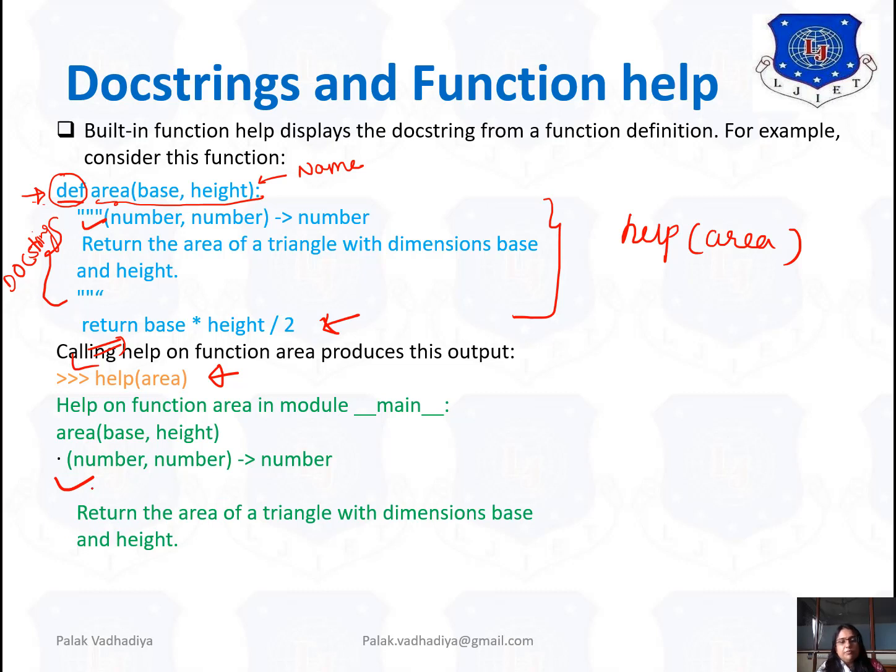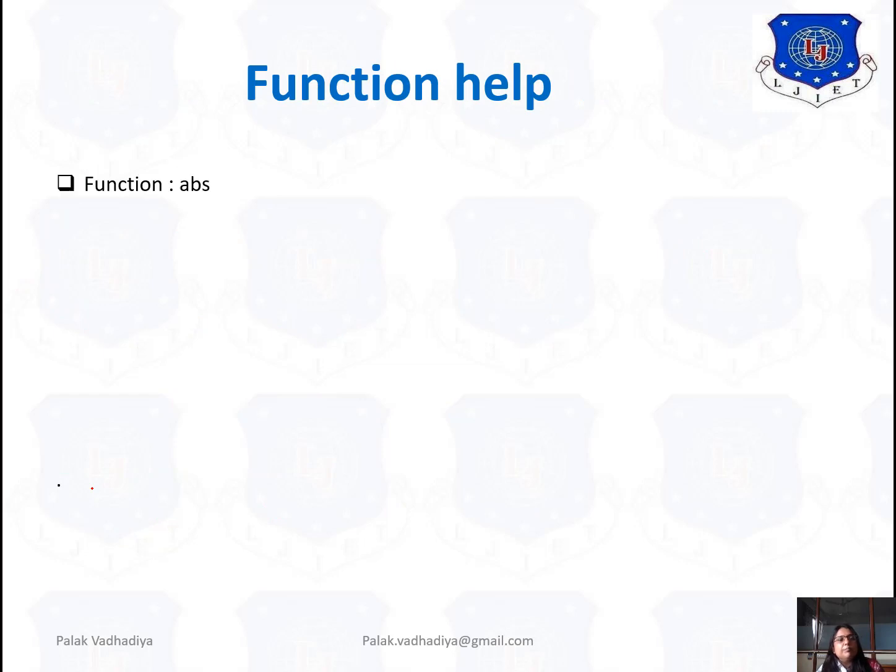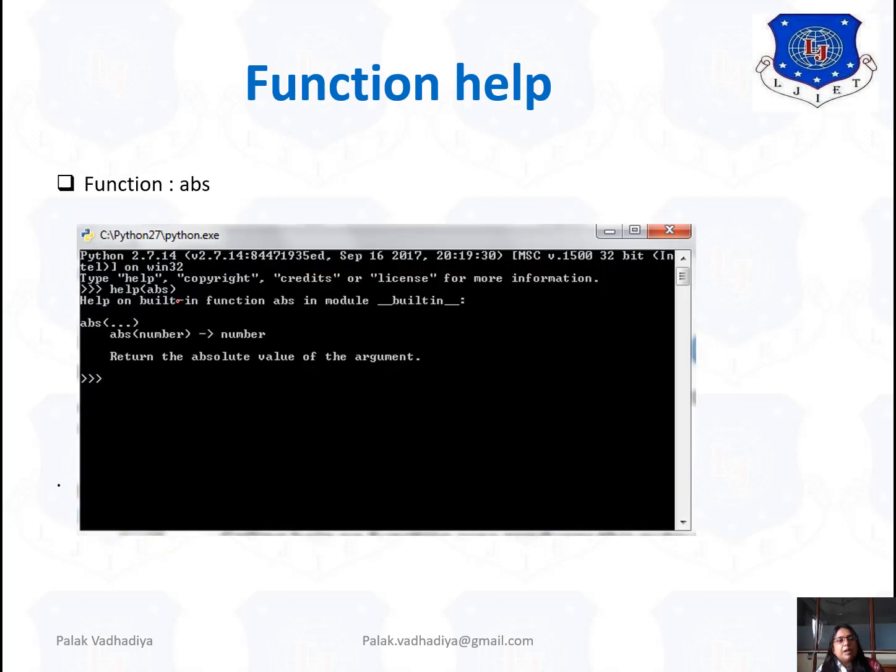Now see one more example of function help. If you write in the Python command line, for example, the abs function, what will this function give? It will return the absolute value of any number that you enter inside the abs function. Here it is written: return the absolute value of the argument.